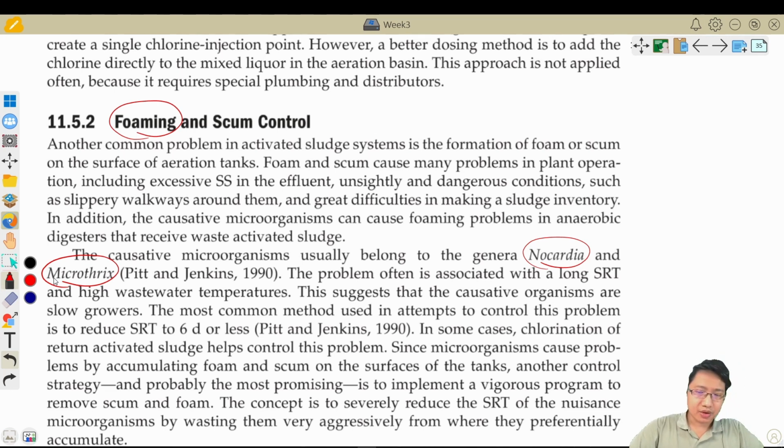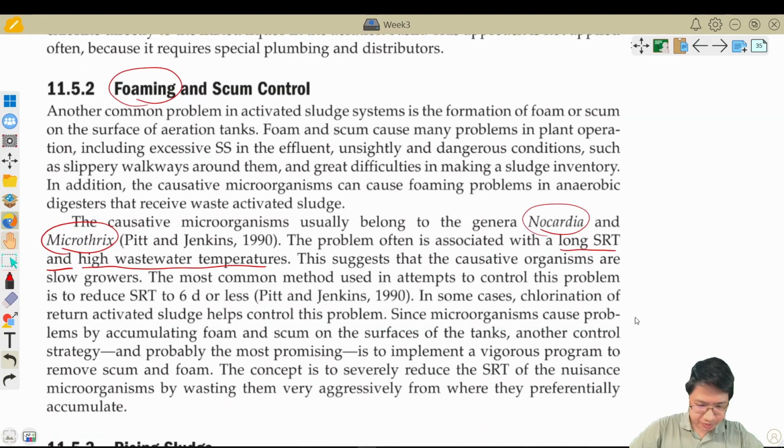Sometimes they are associated with a long SRT operation, and high wastewater temperatures give Nocardia and Microthrix the chance to grow more and more in your systems. They will produce, as we just said, the protein, the detergent, the surfactant, those chemicals out of the cells, and cause the foaming problems.